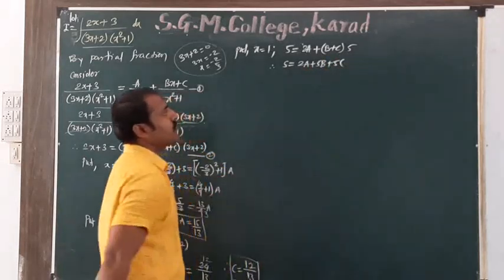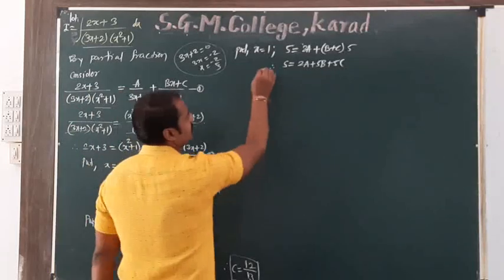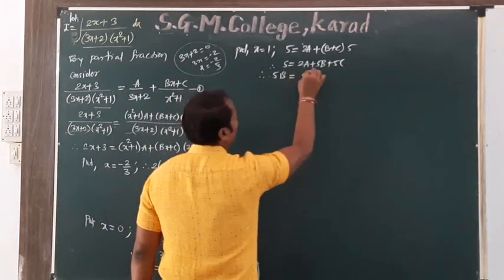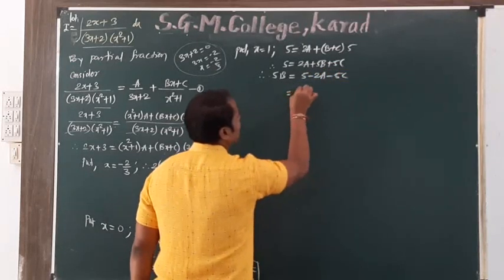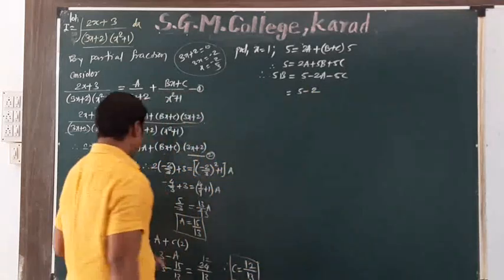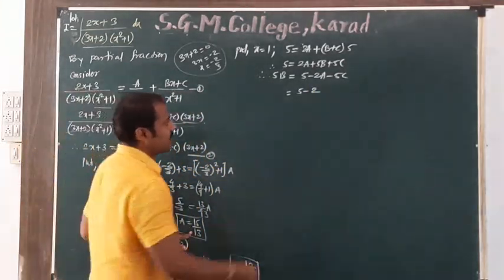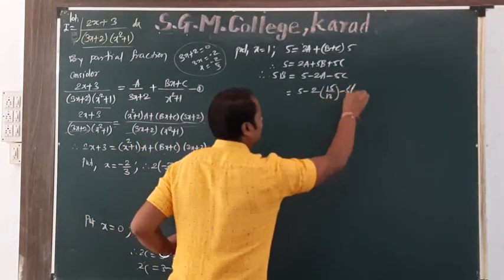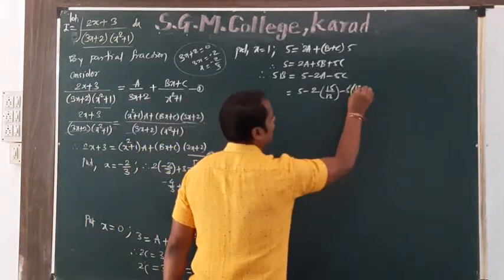But we have to find the value of b, so writing this equation for b, 5b is equal to 5 minus 2a minus 5c, which is equal to 5 minus 2 into the value of a, look here, a is 15 by 13, minus 5 into the value of c, here 12 by 13.